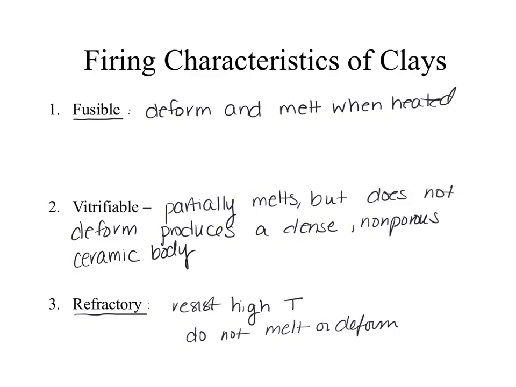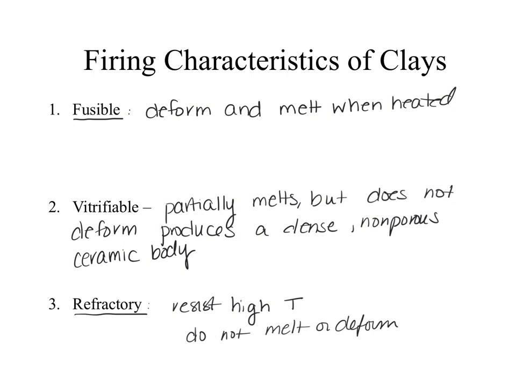And you're absolutely right. So you may want a clay that's really fusible for one thing, right? And is really great, but you may want something that's refractory for something else. So these are just characteristics that we use to describe what's going on when we fire clays. Sometimes they're good for one purpose, but maybe not good for another purpose. And so we're very purpose driven in what we use to make these ceramics.